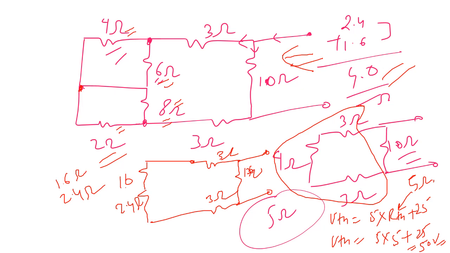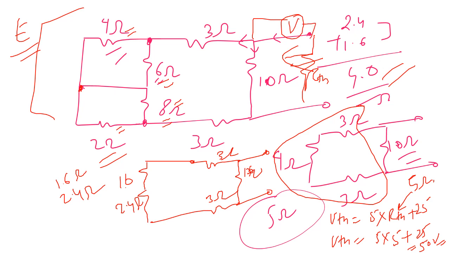One is to back calculate the value of E, but that's a very lengthy process. The other is to realize it as an equivalent circuit across that 5 ohm resistance, and you will realize that once you place a voltmeter, the voltage drop is equivalent to the VTH across the terminals. So this is how this problem is solved. The answer is 50 volts.